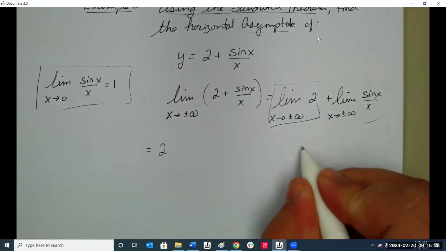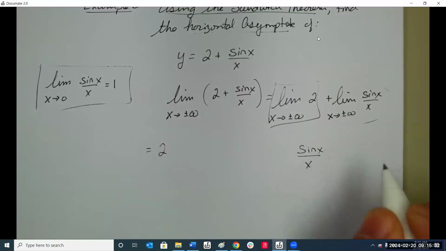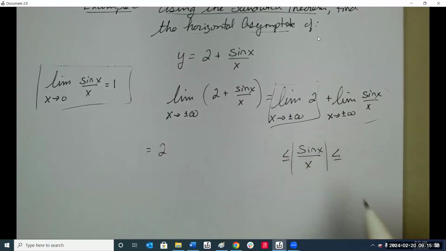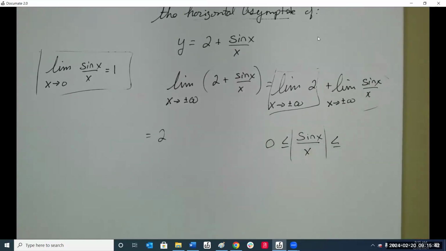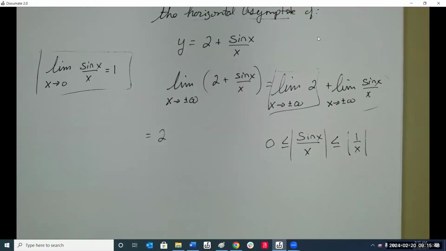So we have sine x over x. We'll get positives and negatives. So we know it's going to be between negative 1 over x and 1 over x.